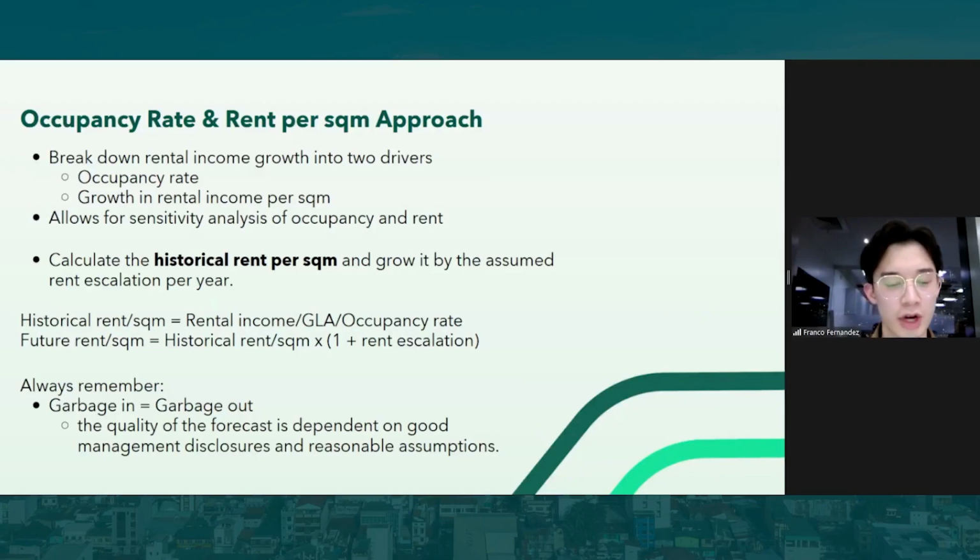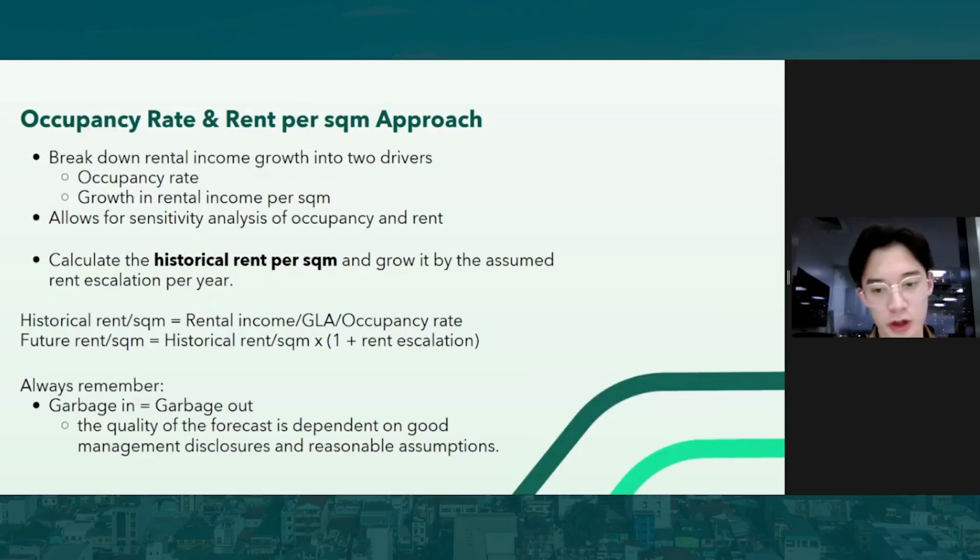So here we're using rent escalation as the growth rate assumption because management or the REIT company has provided information on how much they increase their rent every year. So that is an accurate assumption that we can use to measure how much their rent will grow every year.